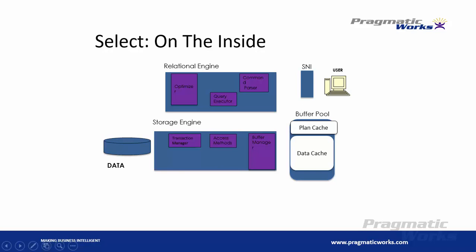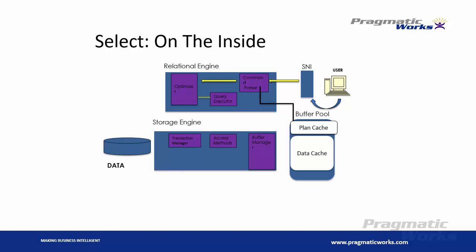When a query comes in, it comes from the user to the SQL network interface, which passes it to the command parser. The command parser goes to the plan cache to see if there's already a cached plan it can use. If our query is not cached, it passes the query to the optimizer.